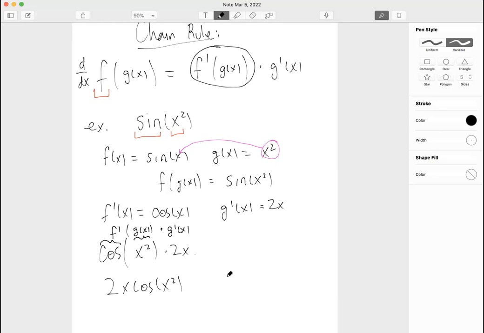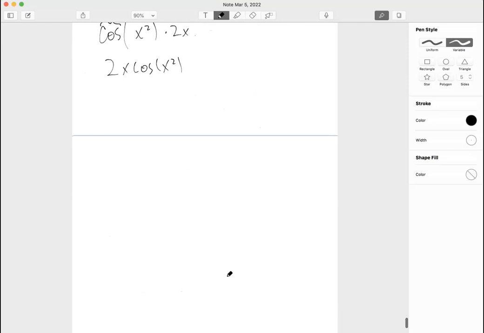We can make a lot of interesting things with trig. But maybe we can do another one if you want. Let's do sine of cosine.